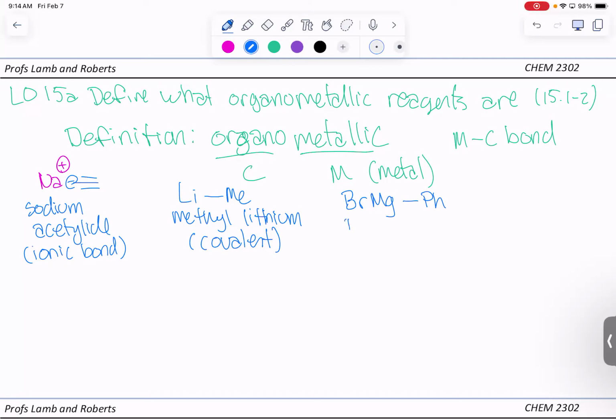So we would call this phenyl magnesium bromide. Just as a heads up, magnesium and manganese are not the same thing. Manganese is element number 25, magnesium is element number 12. These are probably the two most commonly interchanged words that people get wrong. So I've drawn a bond there, so we can consider this as a covalent bond.